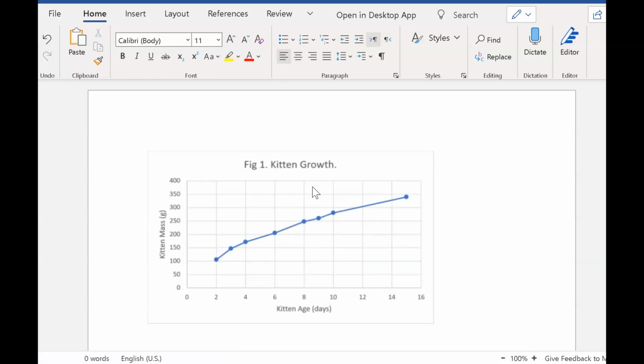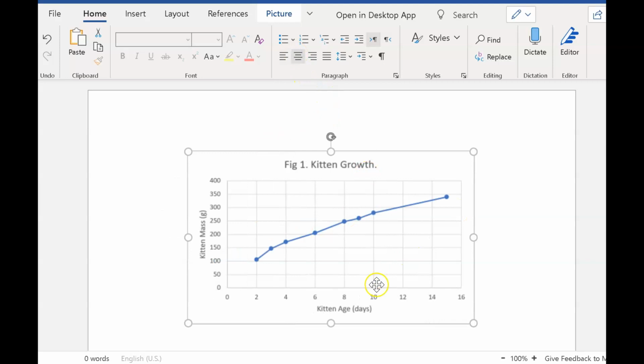I can put it in the middle if I would like to, but I have to highlight it first, and I can position it in the center. I can change the size of this graph if I want to, and I can also type my lab report here. I'm not going to type anything right now, but you get the idea.